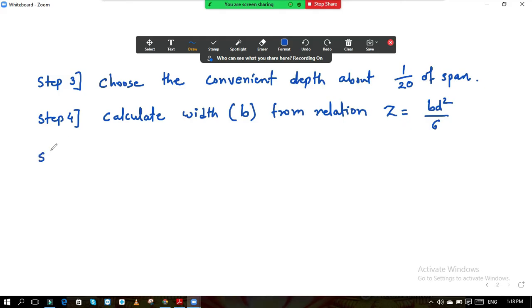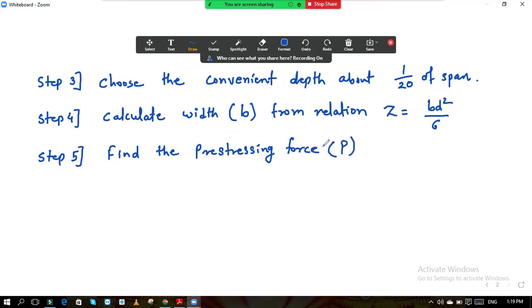Next is the step 5. Find the prestressing force. This is denoted by letter P. How do we find out the prestressing force?